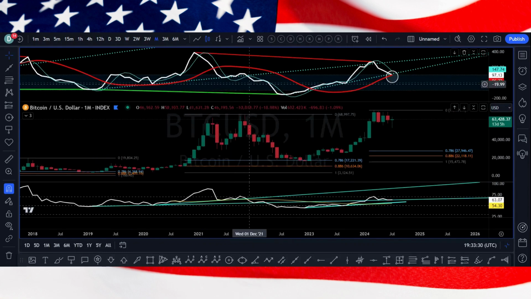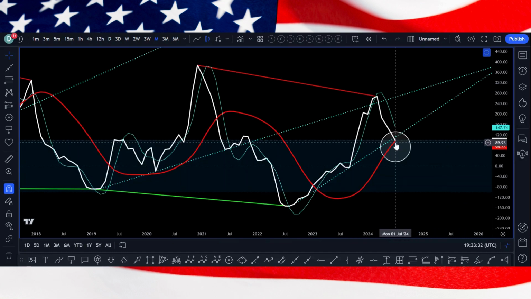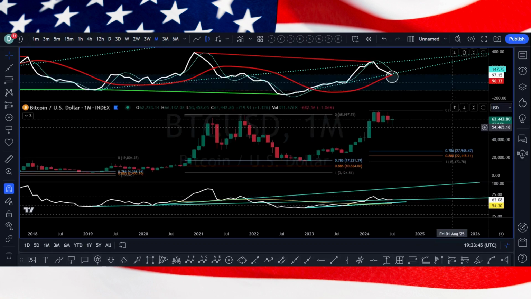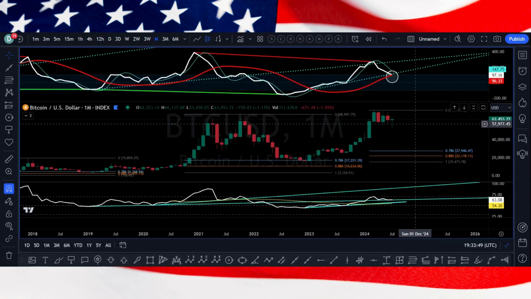In terms of the monthly, I was saying how important that level was because when I did that video on Bitcoin, even when I posted this image right here, we crossed over this red signal line right here. So I mean that's very crucial on the monthly chart. We'll just have to watch and see.